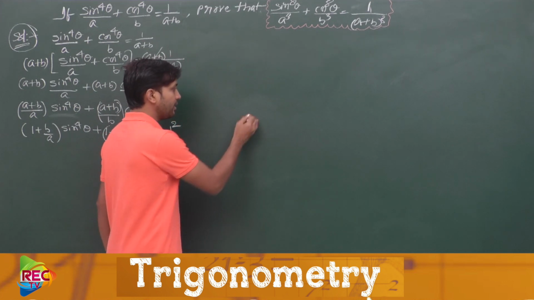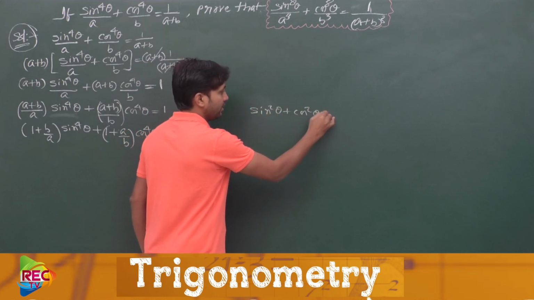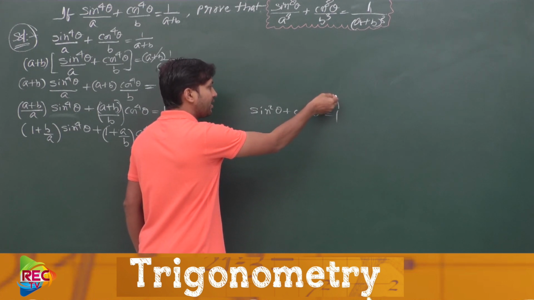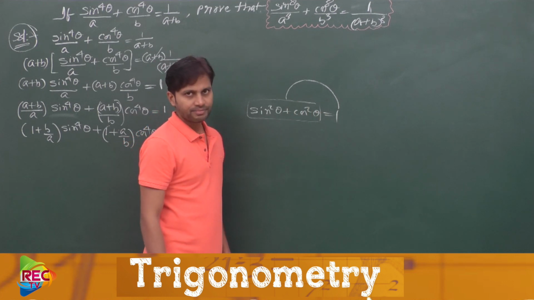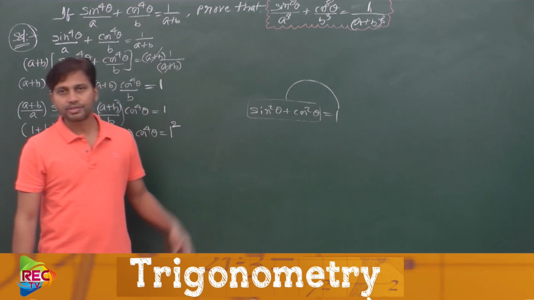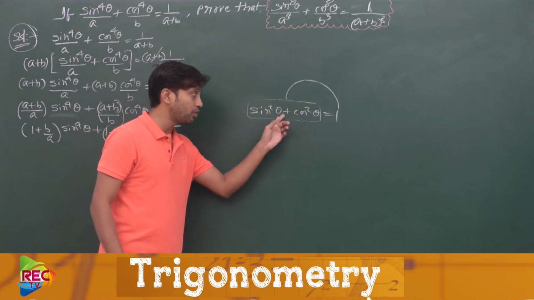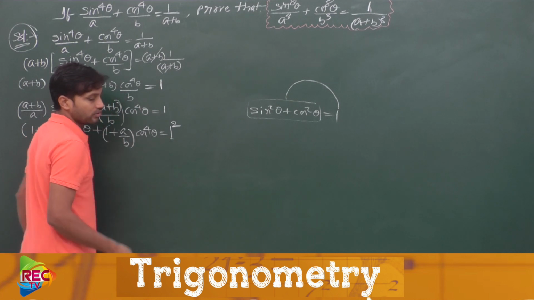As you know, sin^2 θ plus cos^2 θ equal to 1. So in reverse, 1 can be substituted by what? sin^2 θ plus cos^2 θ, or not? Exactly. So 1 can be further substituted by sin^2 θ plus cos^2 θ. So let us put down sin^2 θ plus cos^2 θ in place of 1.